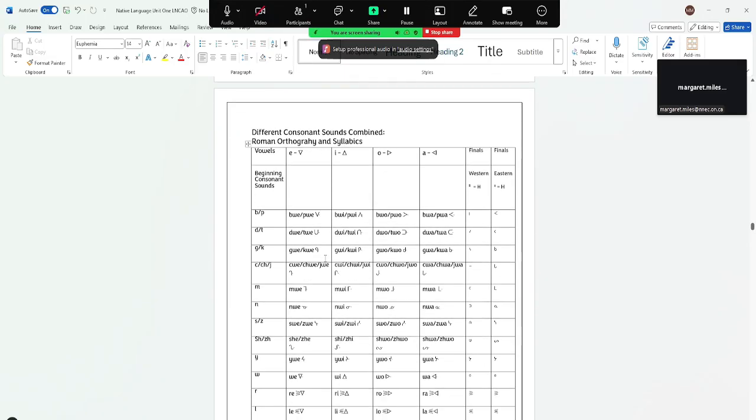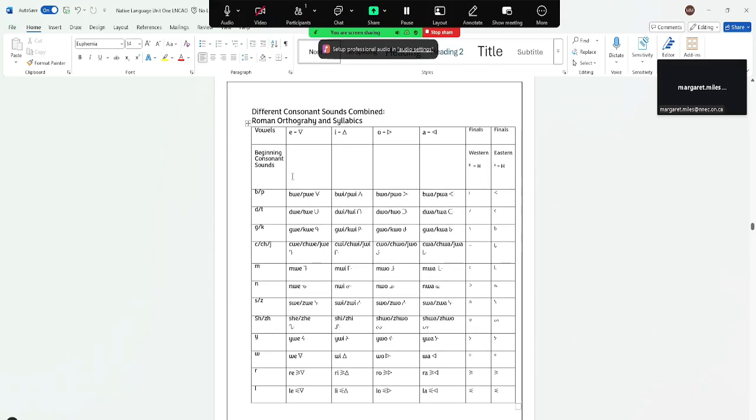The next chart, different consonant sounds. So in this chart, it is combined, both syllabics and Roman.